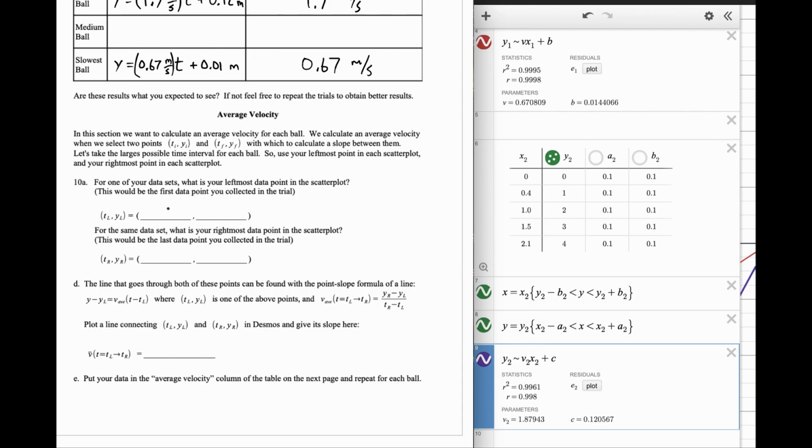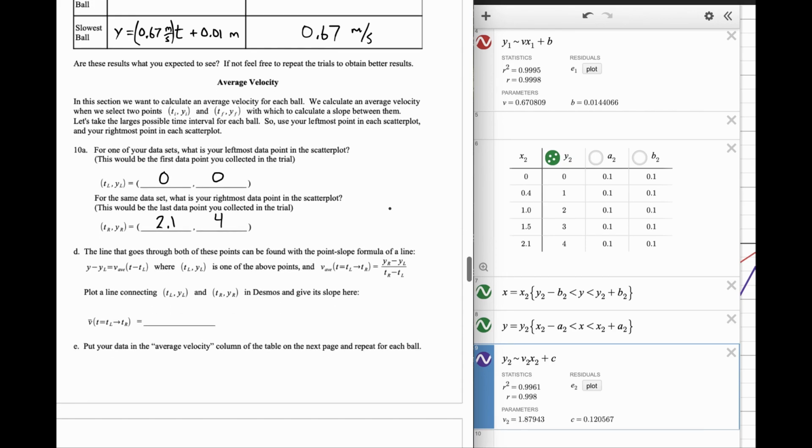So for me, it would be 0, 0, and then for this recent trial, looks like we'll have 2.1, comma 4. All right, then we just want to calculate that slope.